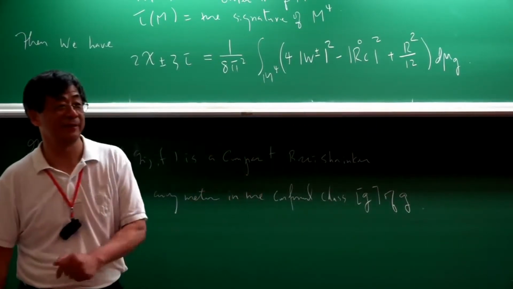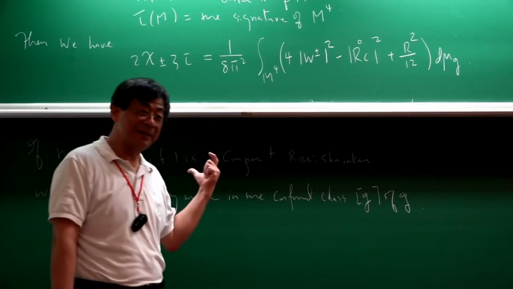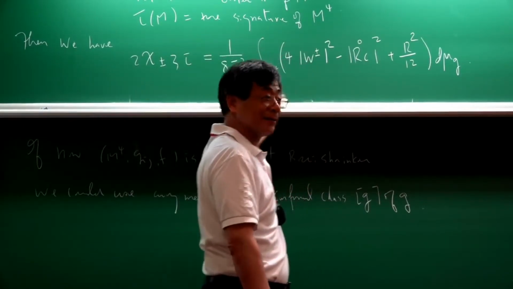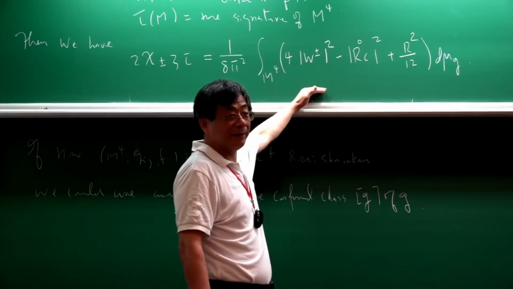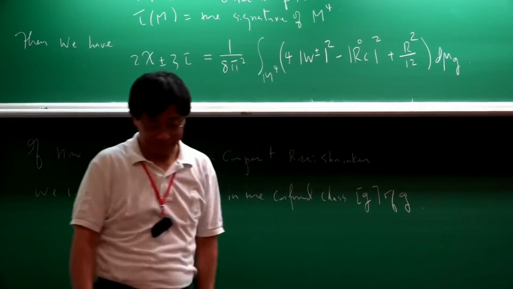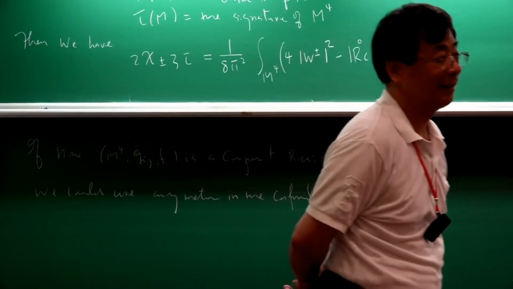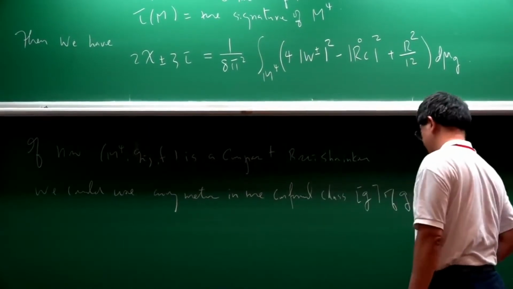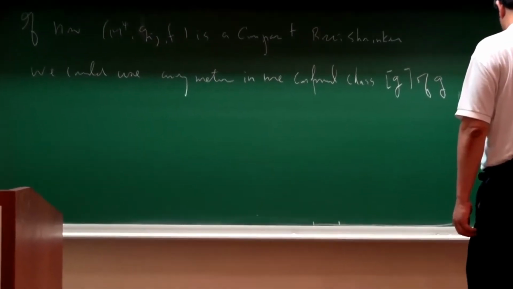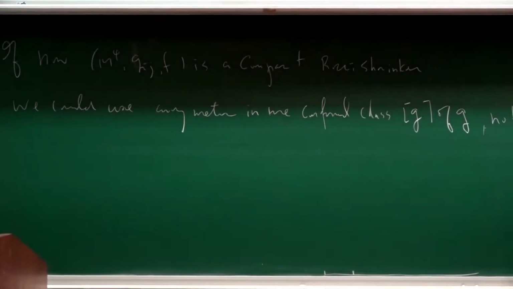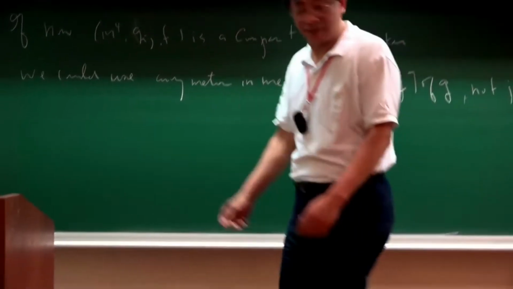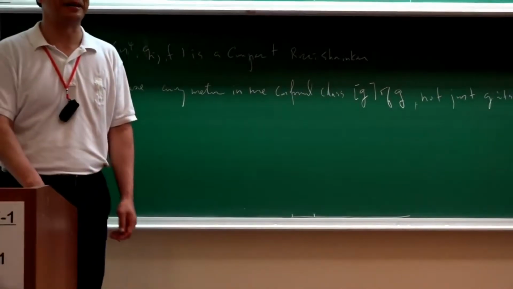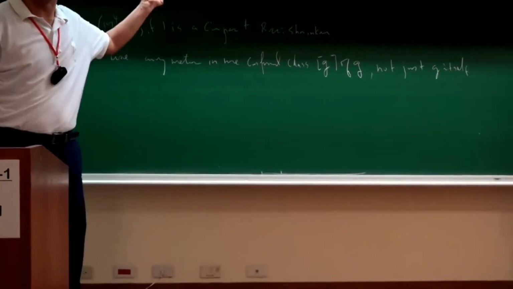So it's a question, what is the metric we try to pick? Certainly, we can try the soliton metric, but you could also try other conformal metrics, not just G itself. So that's a remark, because that's maybe why we haven't found the right metric to plug in yet.